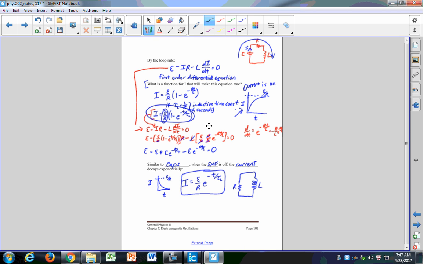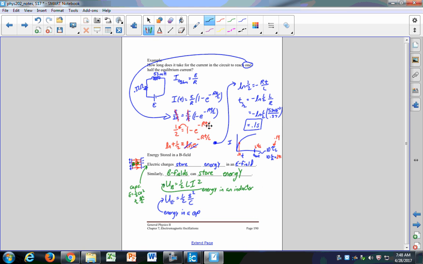But I also want you to be able to sketch the charge or current functions for each of those, and then also know how these energies change back and forth. We spent a bit of time on that, talking about how in LC circuits, that's an inductor and a capacitor, they swap back and forth the energy in the electric field in the capacitor and the magnetic field in the inductor. Okay, so be able to describe that.